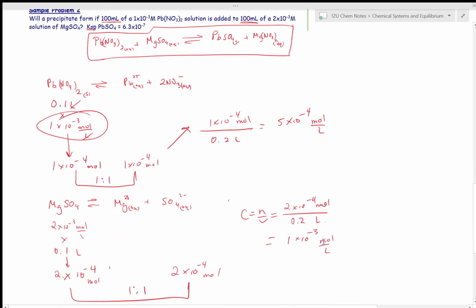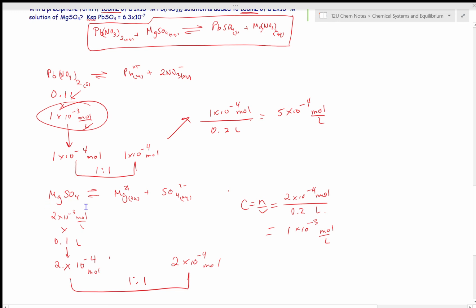I also follow the exact same steps for the magnesium sulfate. Now, I'm not interested in the magnesium ions, but I am interested in the concentration of the sulfate ions because I know that the sulfate is going to be part of the insoluble solid that's formed from this reaction up at the top. So I do the exact same thing. I take my concentration, 2 times 10 to the minus 3, I multiply it by the volume at 0.1, 100 mL, and I produce 2 times 10 to the minus 4 moles. You'll also recall when you look at this, I do again have a 1-to-1 ratio.